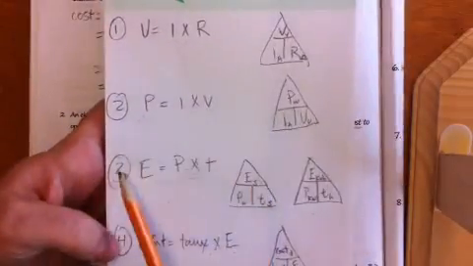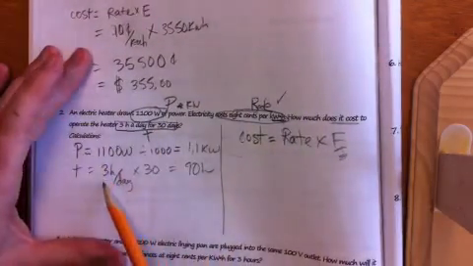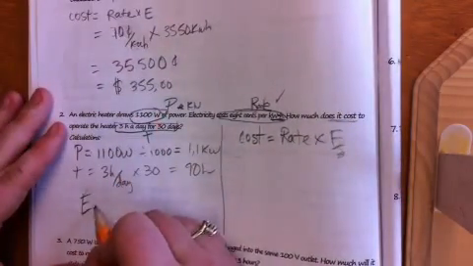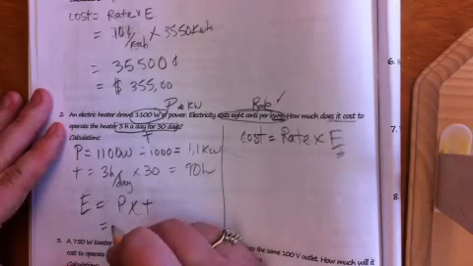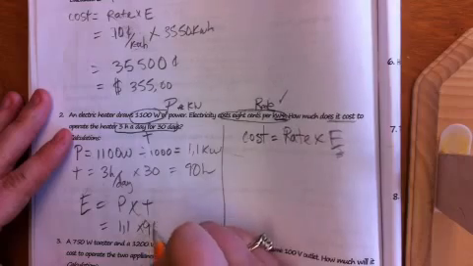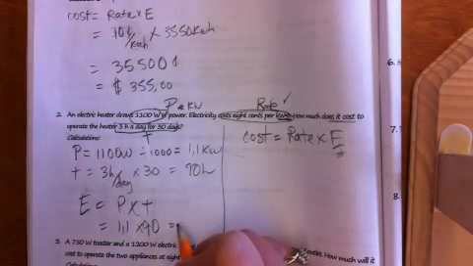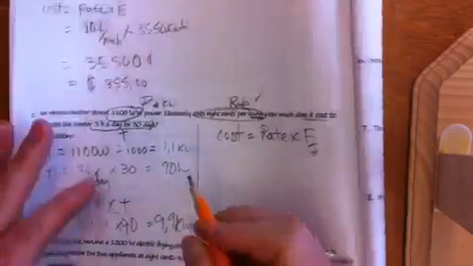So I look at my formulas again. Energy is power times time. I do have power and time that I figured out here, so I'll just go right ahead and multiply my values. So 1.1 times 90 equals, I'm recording, 9.9 kilowatt hours.